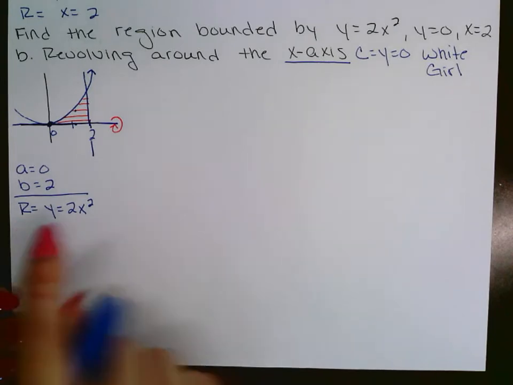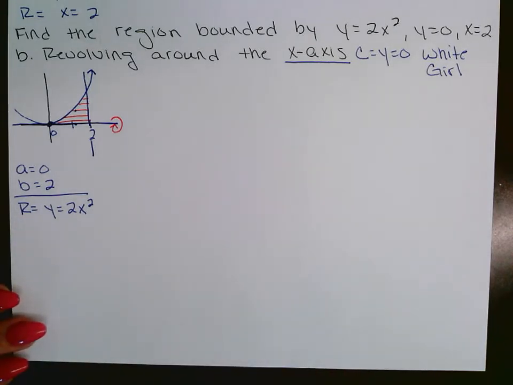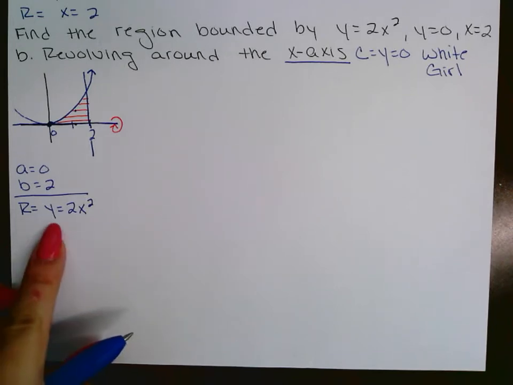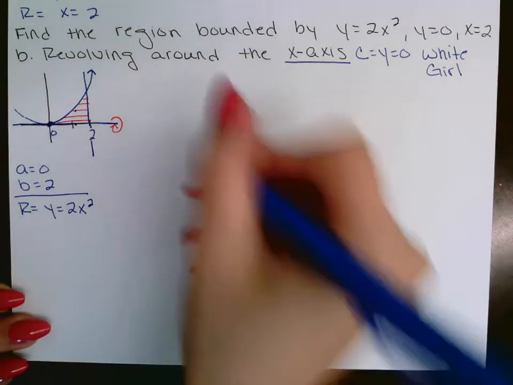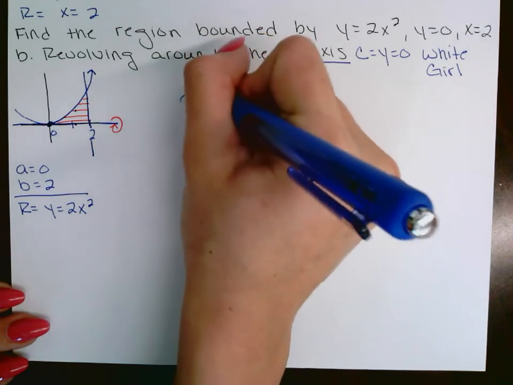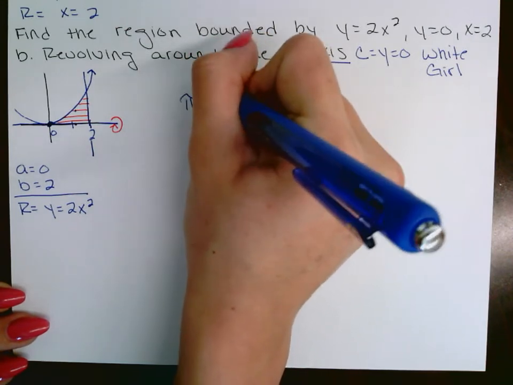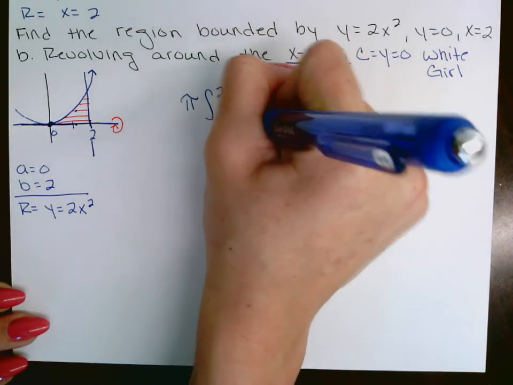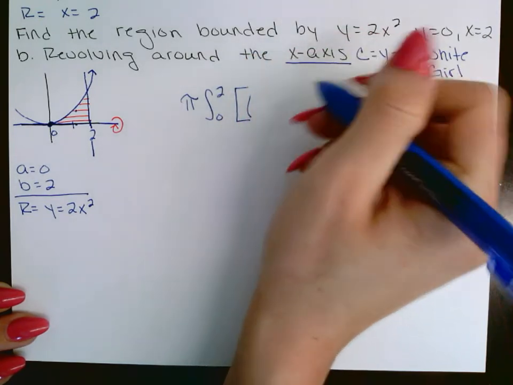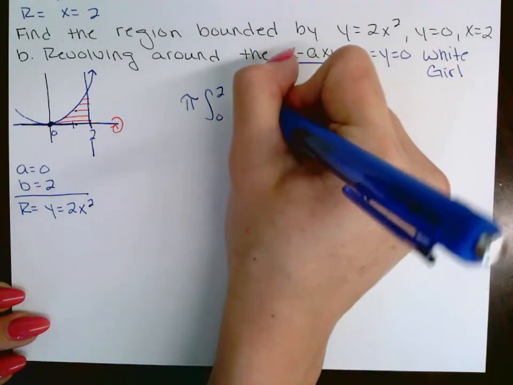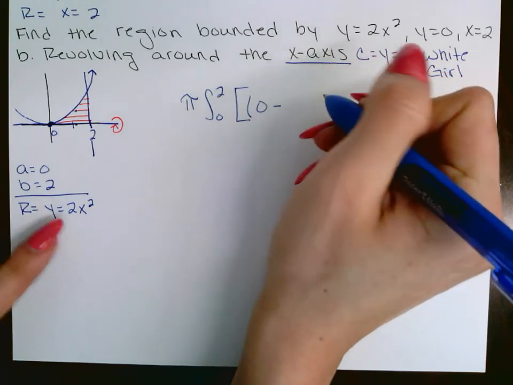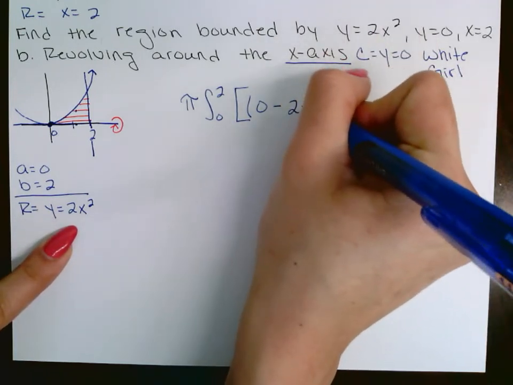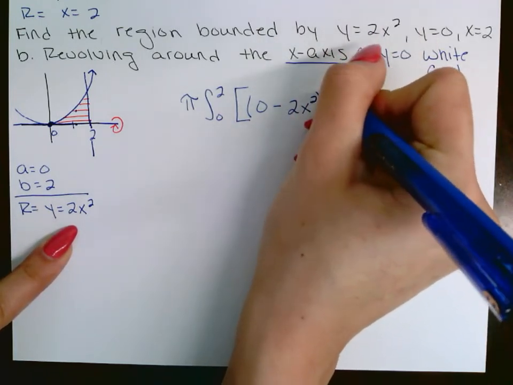Sorry for the bell. So we are ready to go straight to our setup. This is why white girl questions are so easy, because analyzing the graph is much simpler. So I have pi times the integral from 0 to 2 of c, who is c? 0, minus my function, which is 2x squared.